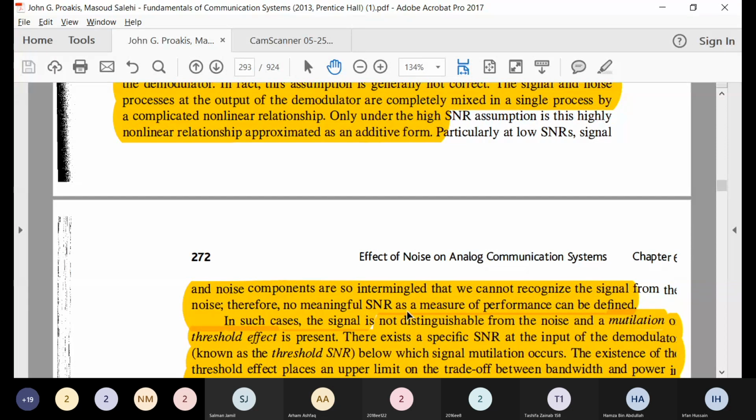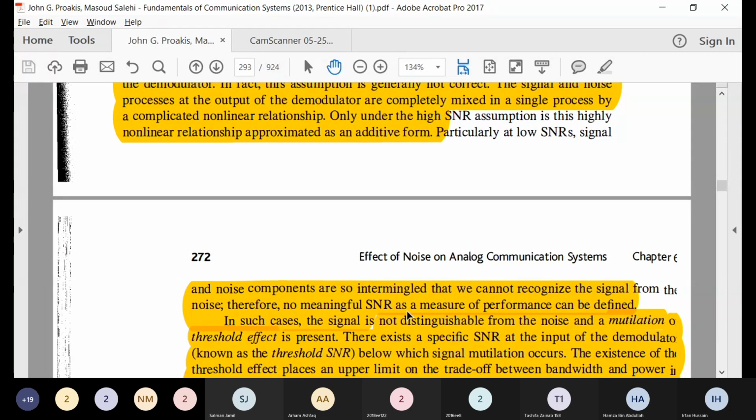Threshold is the point where the noise becomes large, or where the signal to noise ratio decreases, and if the beta increases above the threshold value, or in other words, if the SNR, the signal to noise ratio at the input of the demodulator, decreases below this threshold SNR, then the signal mutilation will occur, or you can say the signal and noise will not add in an additive fashion.